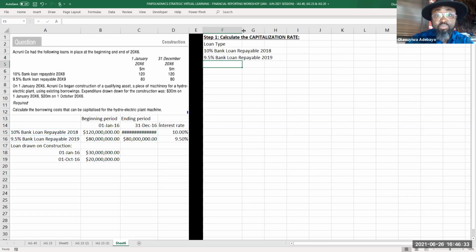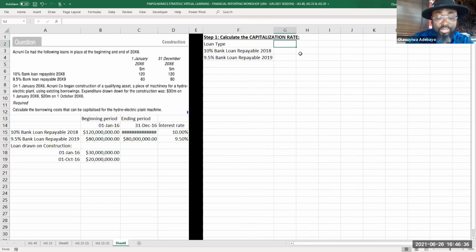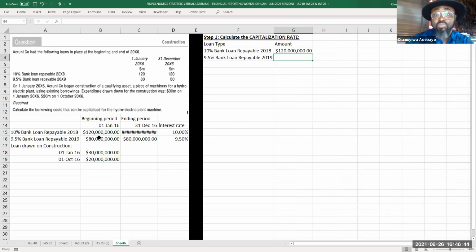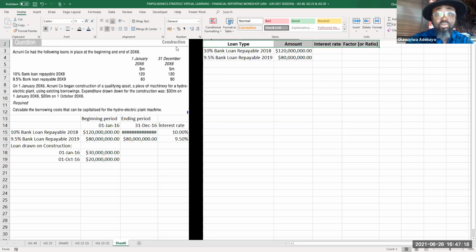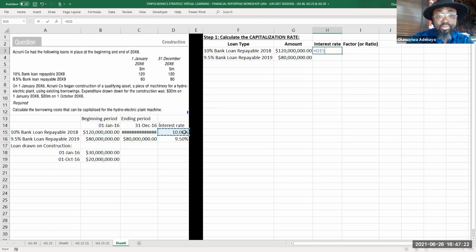These are the loan type, amount, interest rate, and factor, or you call it ratio. Now, what is the interest rate? 10% and 9.5%.